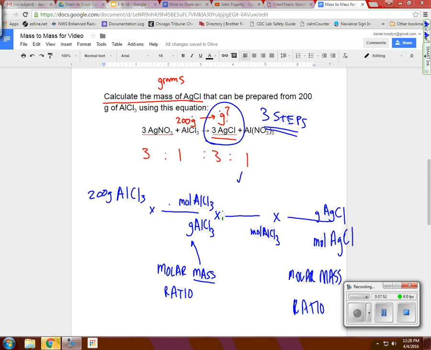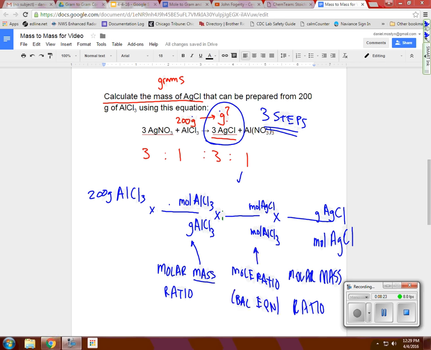Something else I might notice is that moles of AgCl is down here, and that should probably be diagonal to what's on top, so that those can cancel out. So just by using process of elimination, I figure out all my units already. And I know that this is actually the mole ratio, this guy right here. We get that from the balanced equation.